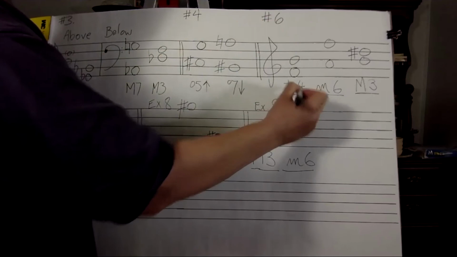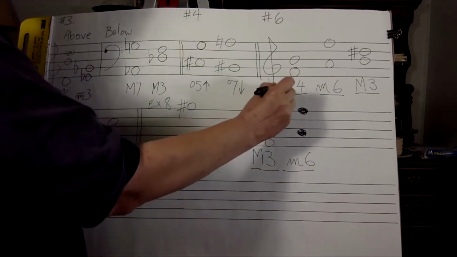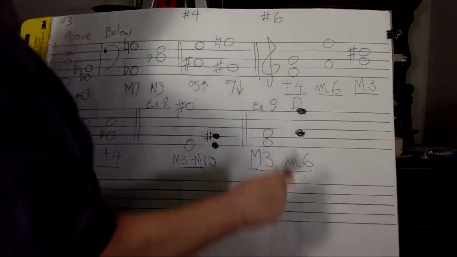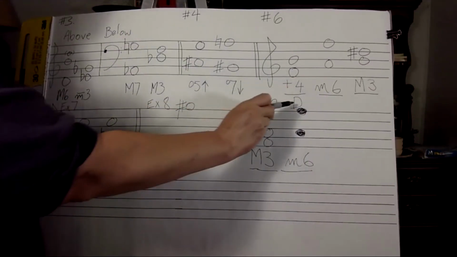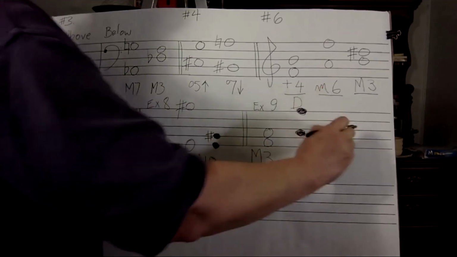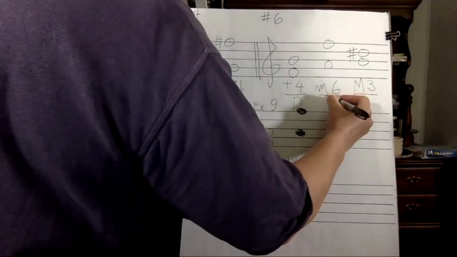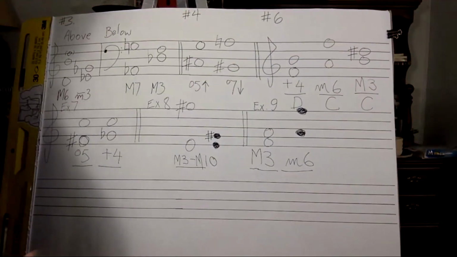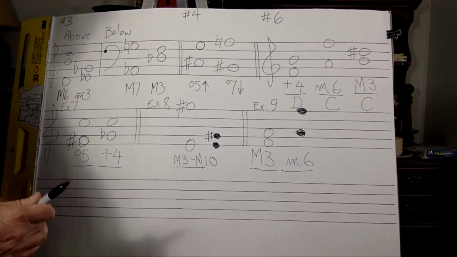The augmented fourth is augmented, therefore it is dissonant. Any augmented or diminished interval would be dissonant. The sixth and the third that we have here are both imperfect consonances, so I'll write consonants underneath them.